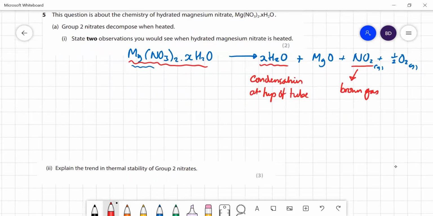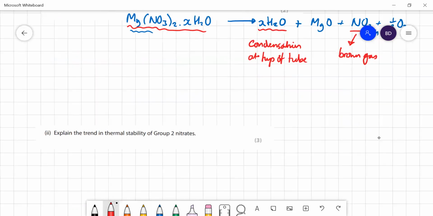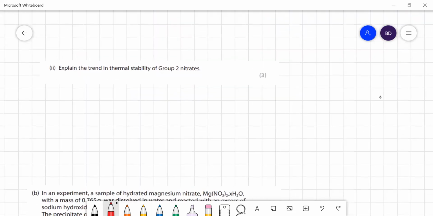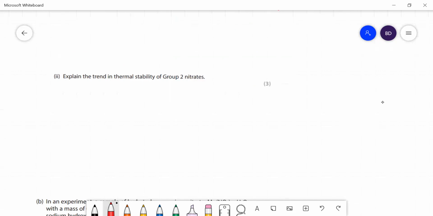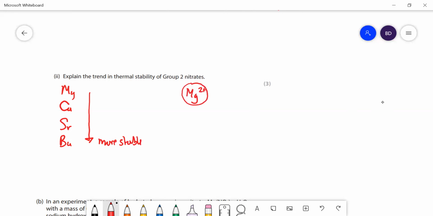Right, explain the trend in thermal stability of the group 2 nitrates. As you go down the group, magnesium, calcium, strontium, barium, they become more stable. Magnesium is the least stable, and the reason for that is the size of the ions. Magnesium ions are the smallest. Barium is still 2+, but quite a lot bigger.